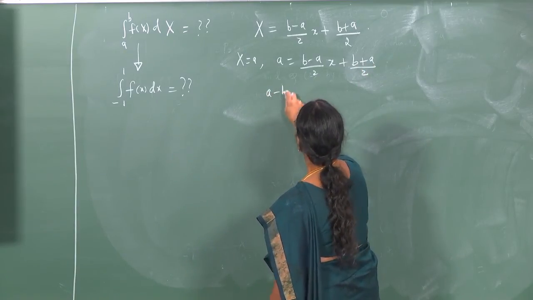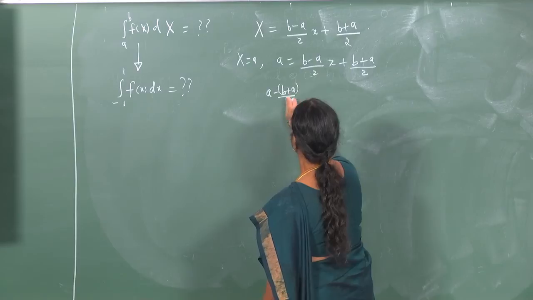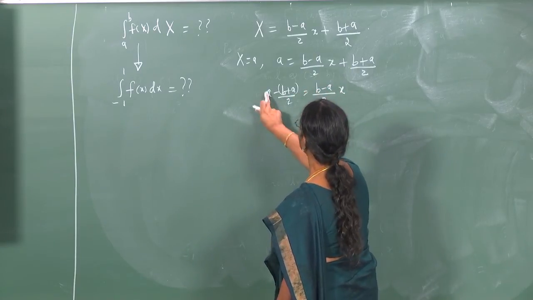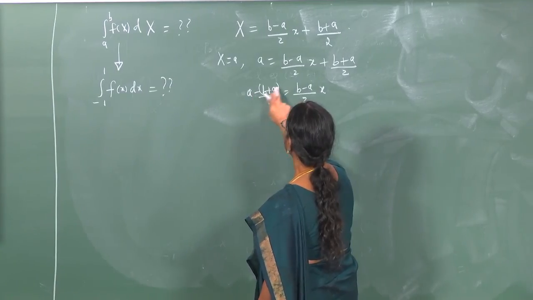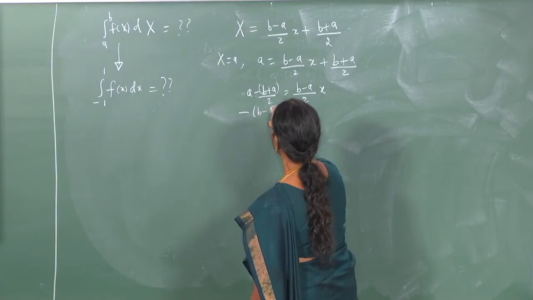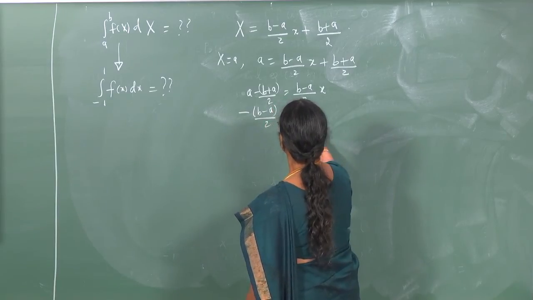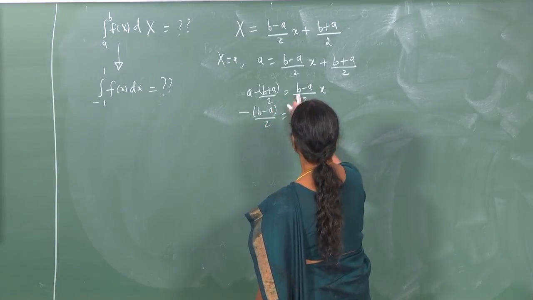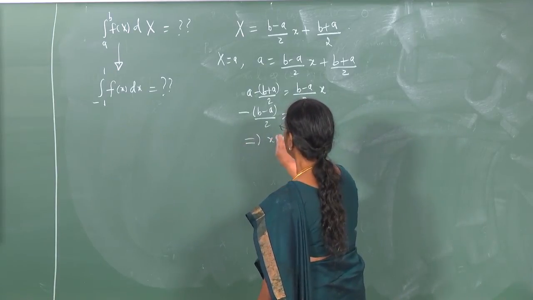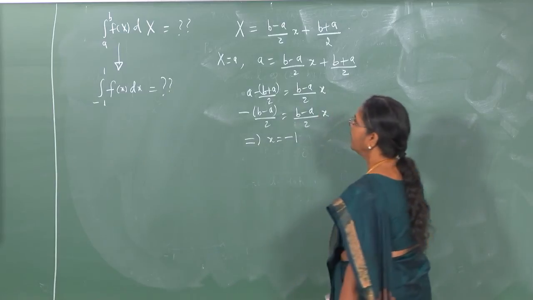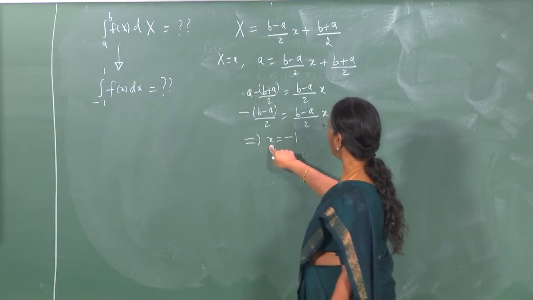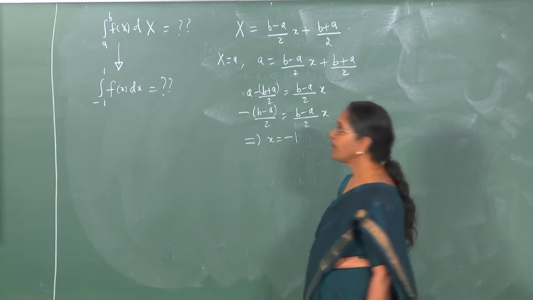So, we have a minus b plus a by 2 is b minus a by 2 into x. So, we have a minus a by 2 minus b by 2, which is minus of b minus a by 2, and that is b minus a by 2 into x, which tells that x takes the value minus 1. So, when capital X is a, small x takes the value minus 1.